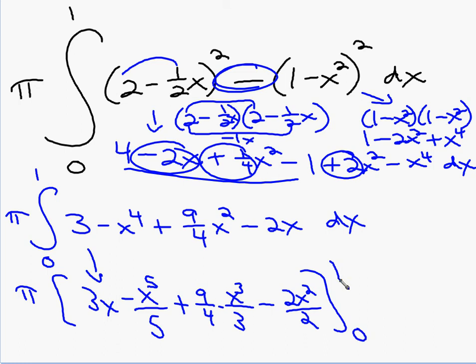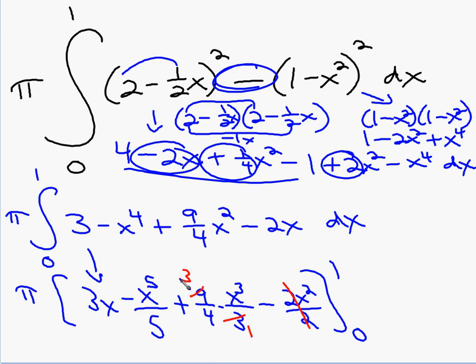Once you get that far, you should be pretty happy. I could maybe do a little bit of factoring here. Of course, that becomes a 1. Here that becomes 3/4.